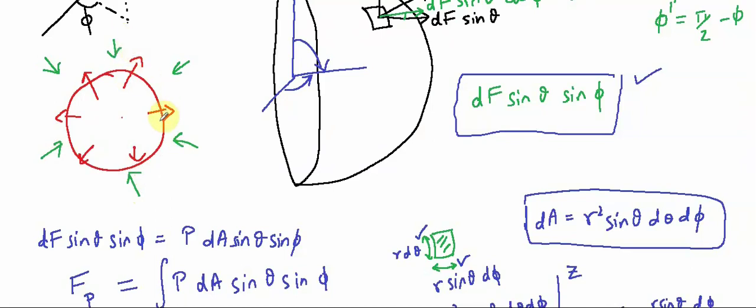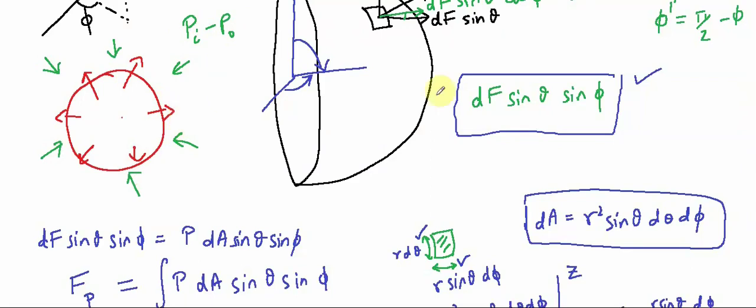So if we consider the outside pressure as well, then the net pressure inside the bubble is Pi minus P naught. Green arrows have a cancelling effect with the red arrows.